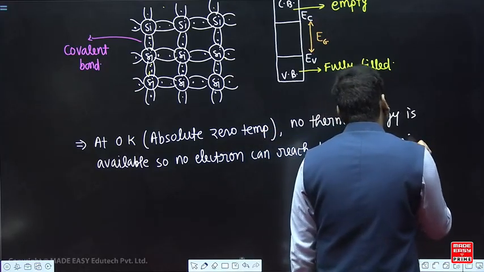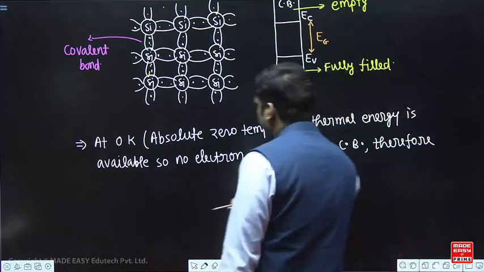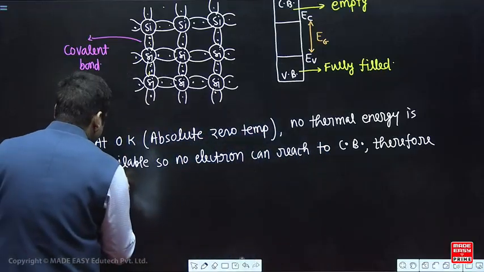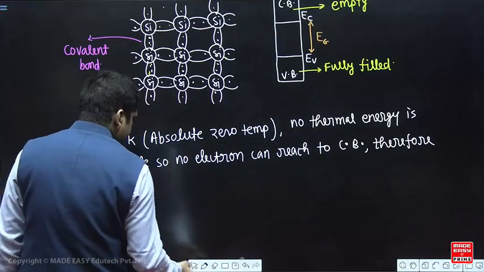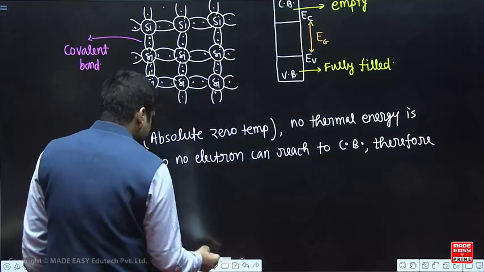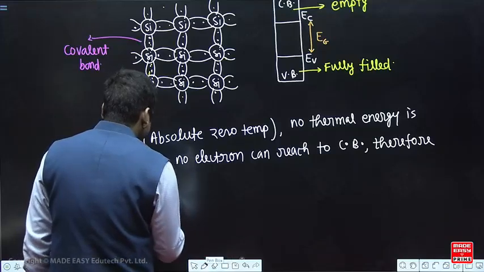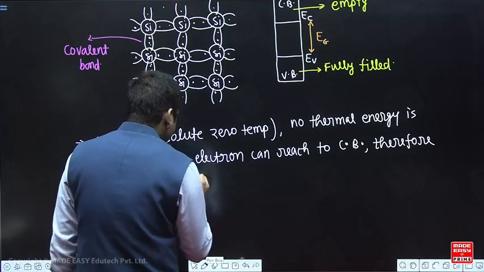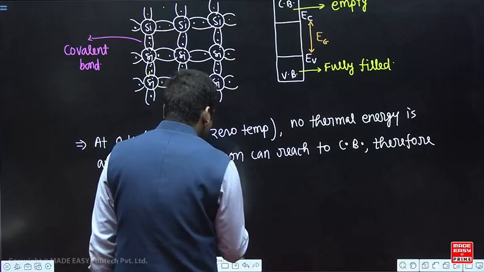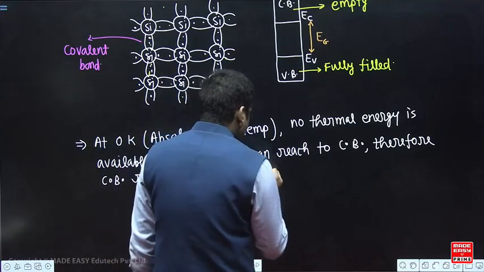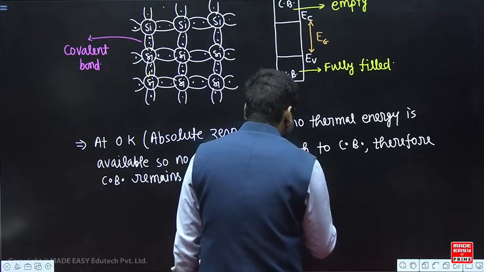Therefore the conduction band remains empty, and the valence band remains fully filled.